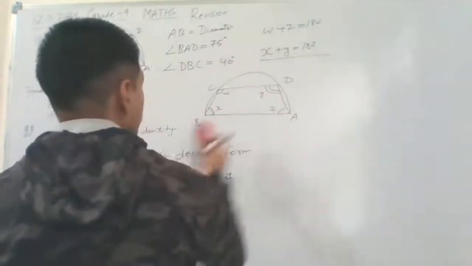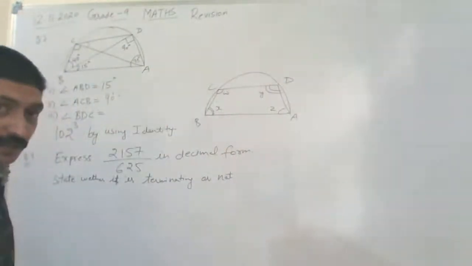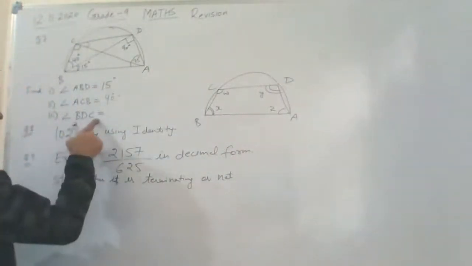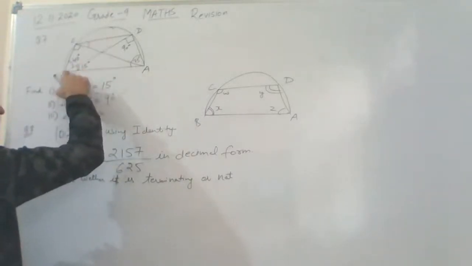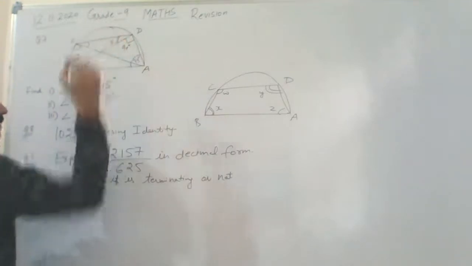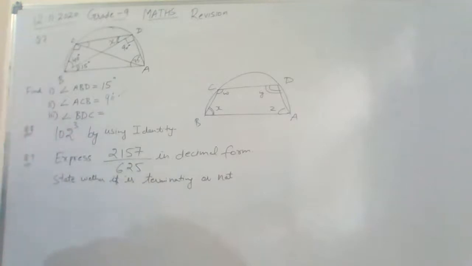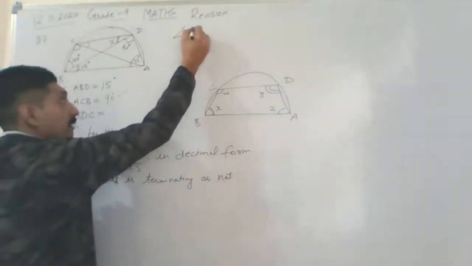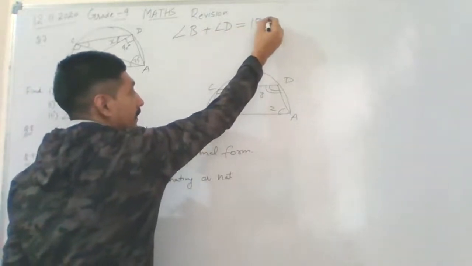So how to do it? Look at the board. We are interested in finding angle BDC, and this angle is X. We know that angle B plus angle D is equal to 180.